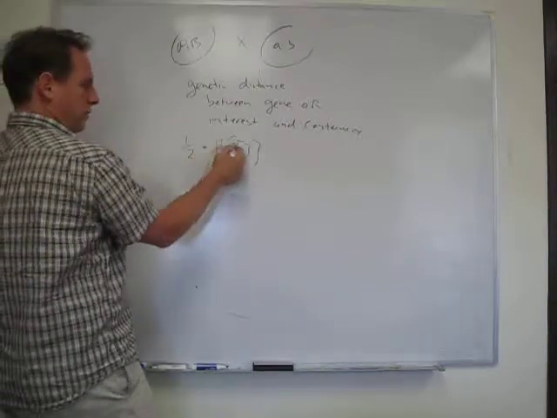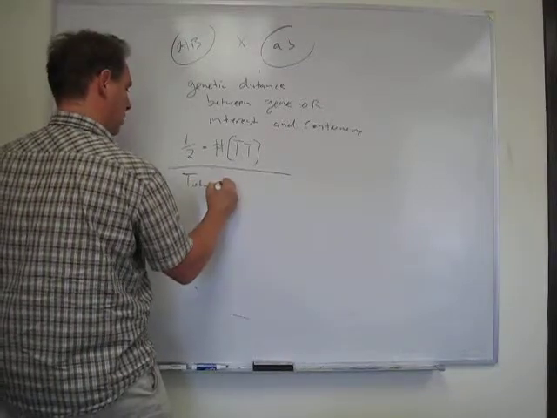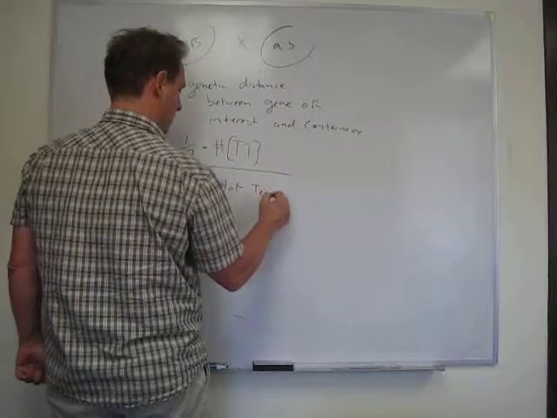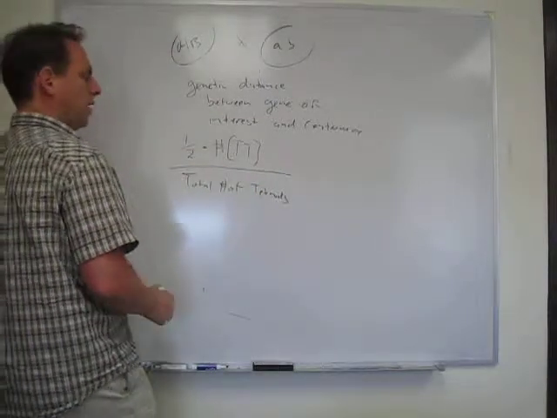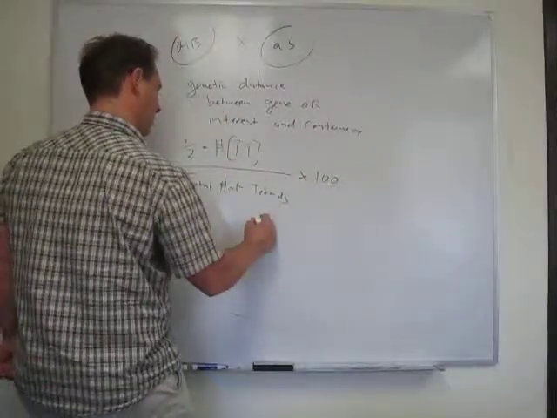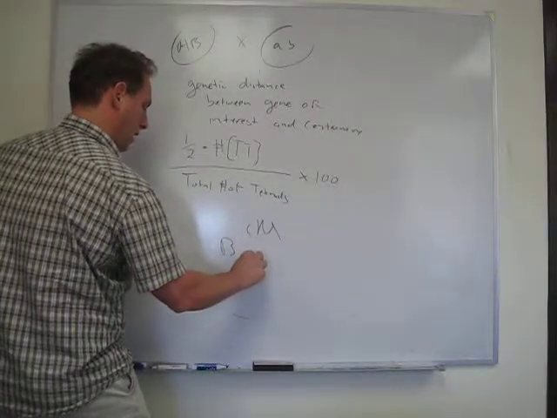And so it's 1/2 times the number of tetratypes divided by the total number of tetrads that you've analyzed, and that will give you a frequency, and then you would multiply by 100 to give you the centromere distance, in this particular case between B and the centromere.